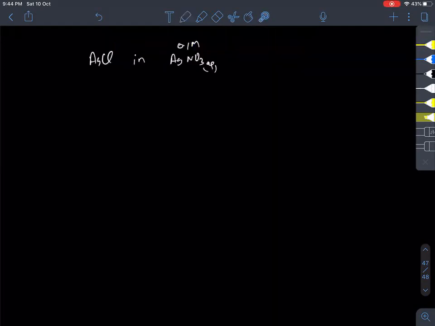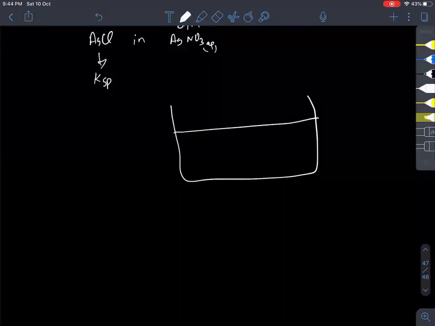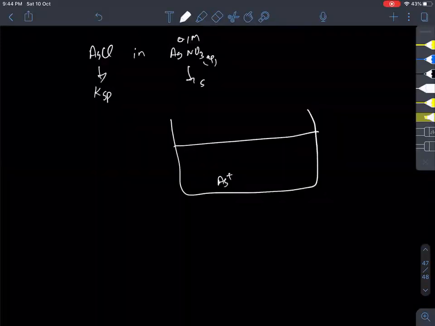Now, what is the solubility of the same AgCl if its Ksp value is Ksp only? Now, this is a really interesting case, because now we already have Ag+ ion, because AgNO3 is a strong electrolyte, right? Strong electrolyte. So how are we supposed to solve this?